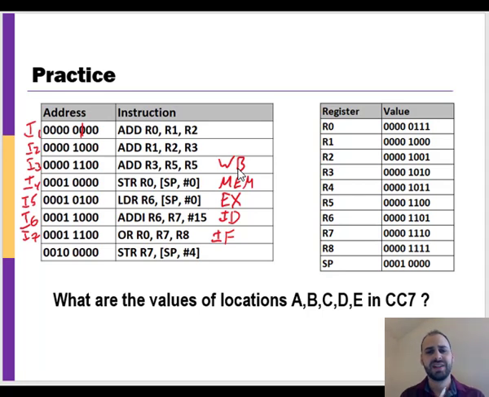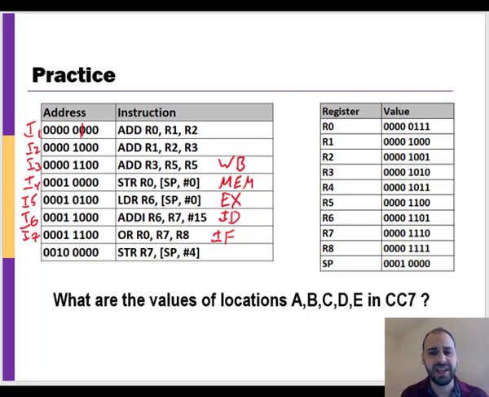All right, so now we know which instructions are at which stage at clock cycle 7. So now we can start answering these questions. Let's take it one step at a time.